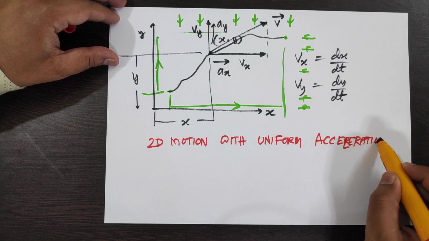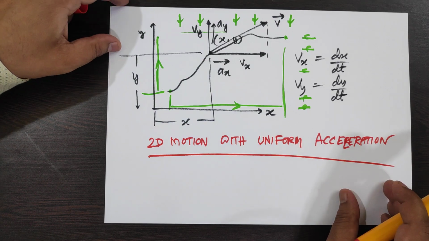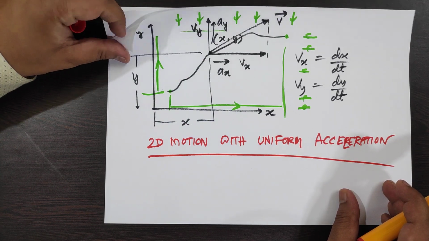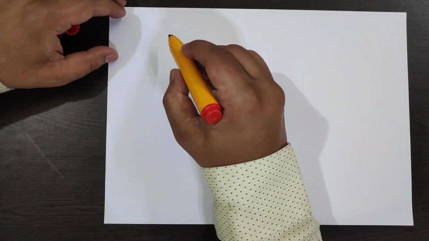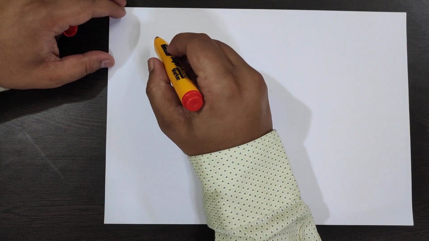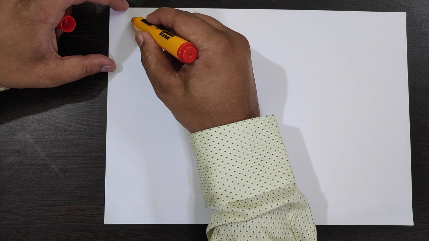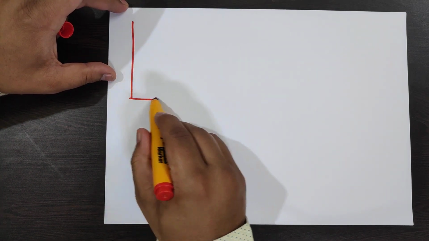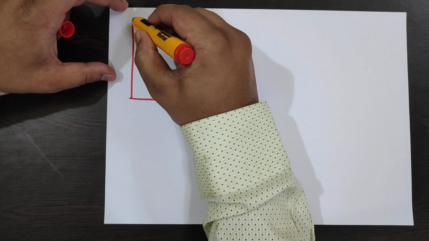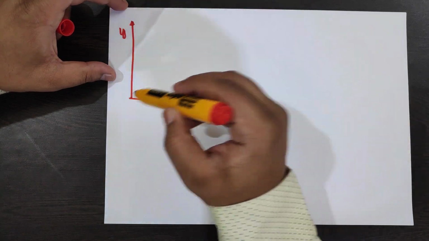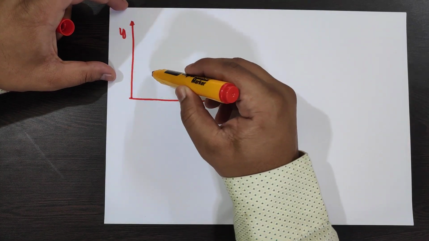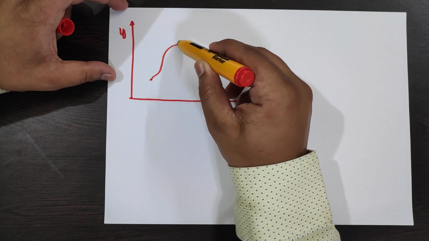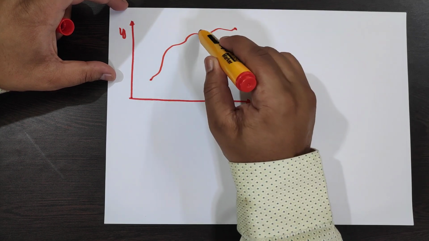Say this is a coordinate system, x and y, and suppose the particle starts from here and moves along this path.